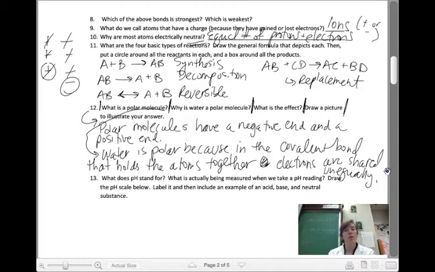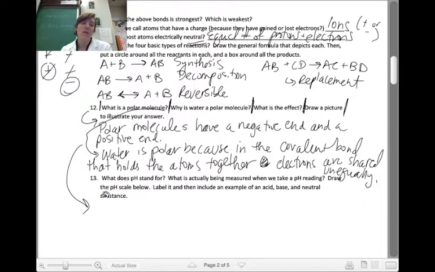The next asks what's the effect, and the effect is, and I'm going to write this down here and then erase it, the effect is that oxygen becomes negative and hydrogen becomes positive.